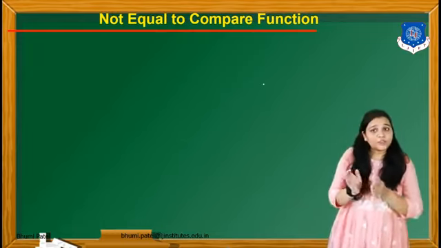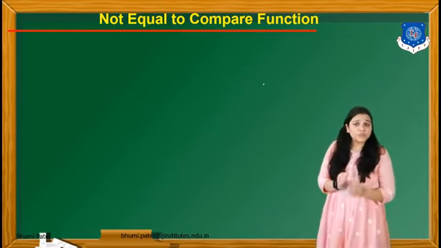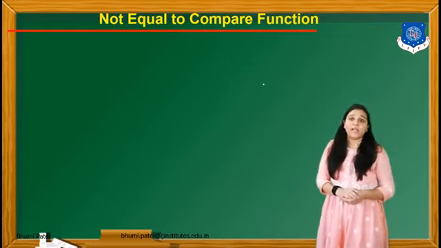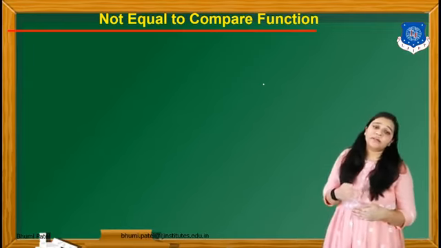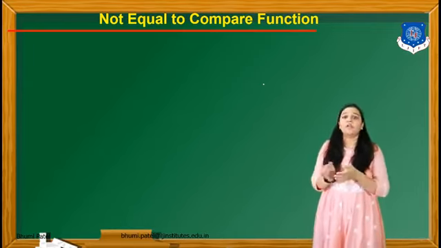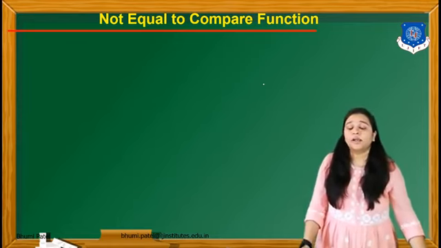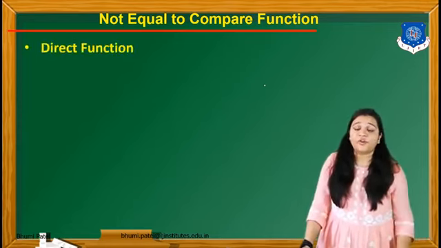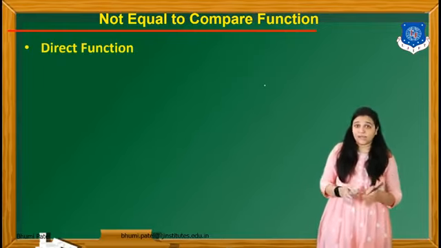As you remember, the not equal to compare function is not a direct function used in PLC programming. So we compulsorily have to derive it using the equal to or greater than or equal to compare function. First, we draw the ladder diagram using the direct function.